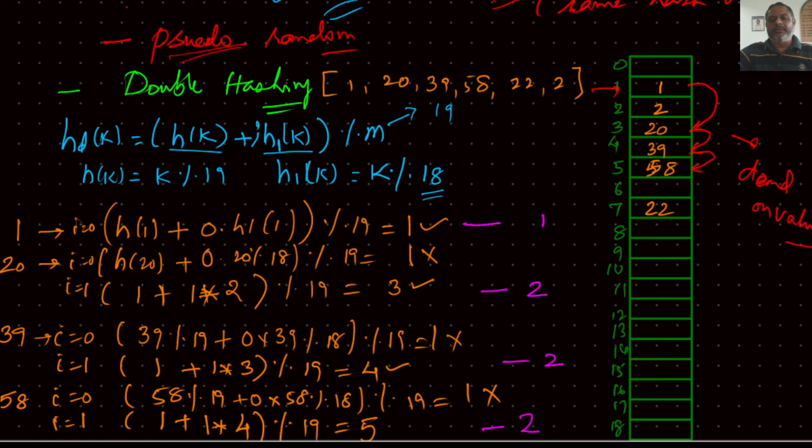Or instead of 39, if it was the next one, which was talking about, say, 58 itself. So instead of 39, if you are trying for 58, then instead of 4, it would have directly gone to 5. So if the third number was 58, then from 2, it would have 3, it would have gone to directly 5 instead of going to 4, because 4 we get because of 39 mod 18, and 58 mod 18 is different from 39 mod 18.